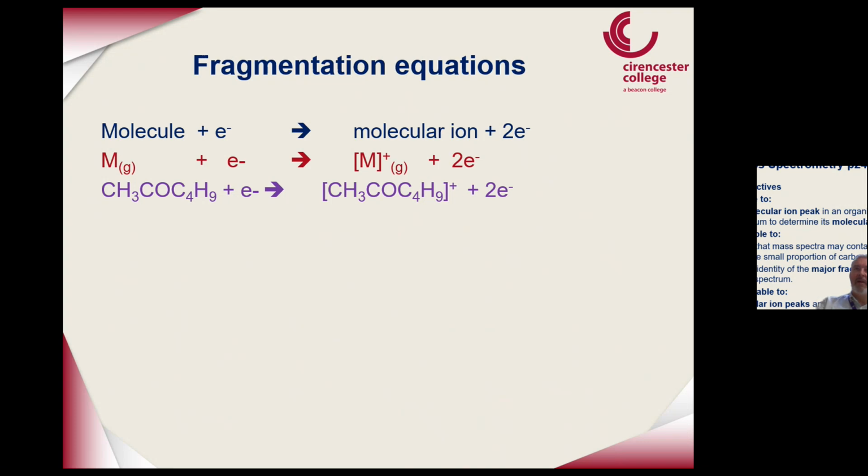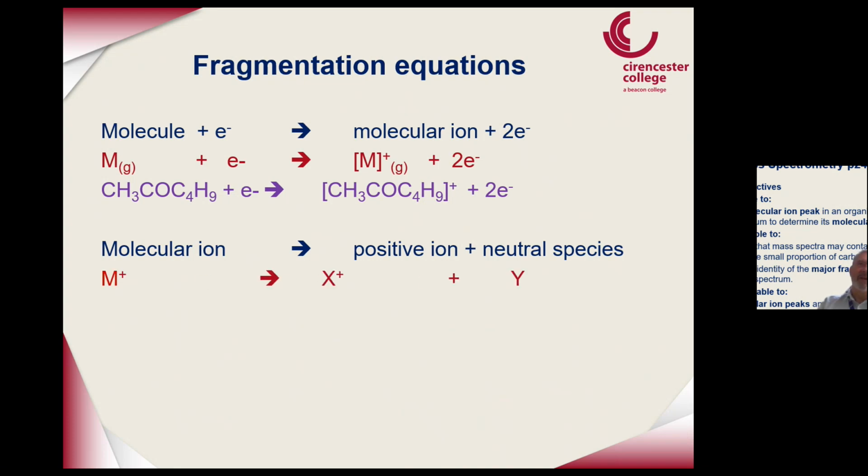Because it's now quite a collection of atoms joined together, we put it in square brackets and put a plus by it to show that it's a molecular ion. So when we do this, we have a molecular ion, a positive ion, plus a neutral species, sort of like a radical, because we've lost 2 electrons.